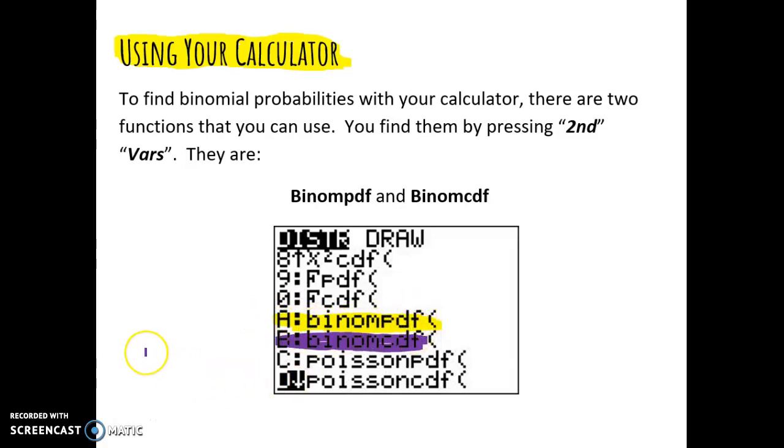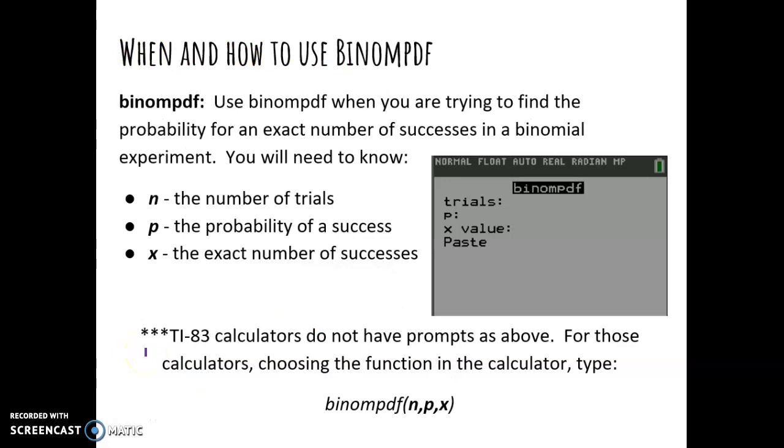Now let's talk about what each of those functions mean. First, let's start with binom PDF. Okay, binom, think binomial distribution. PDF, think probability distribution function. So we use binom PDF when you're trying to find the probability for an exact number of successes in a binomial experiment.